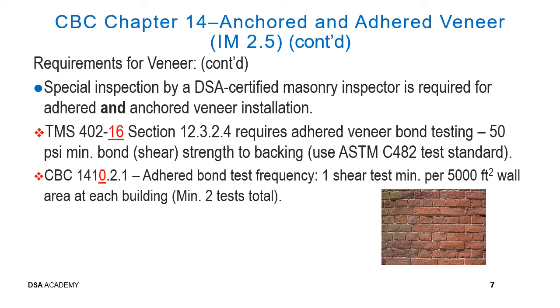CBC Section 1410.2.1 adhere bond test frequency. 1 shear test minimum per 5,000 square foot of wall area at each building, not less than 2 shear tests.